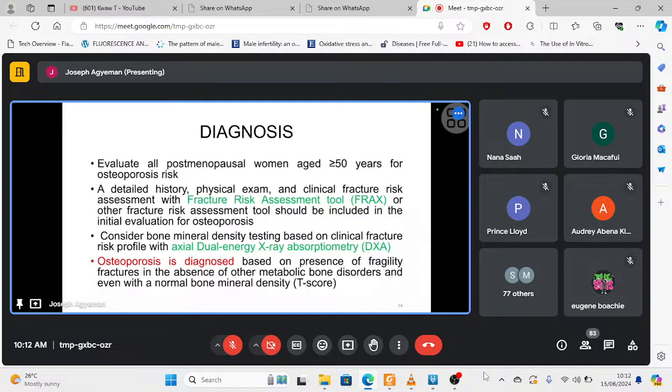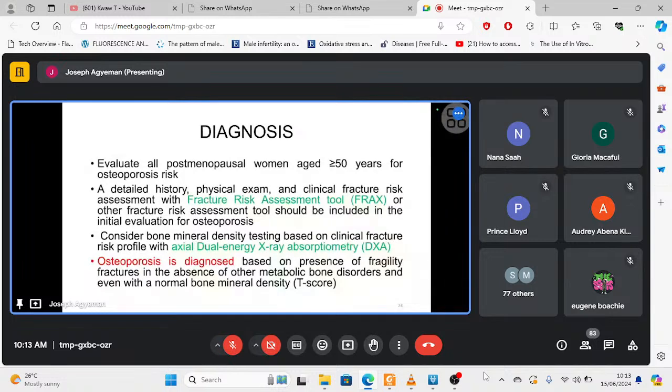Note that with this, history, physical examination, fracture risk, and dual energy X-ray absorptiometry, osteoporosis will be diagnosed if there is a presence of fractures, even in the absence of other metabolic bone disorders. Metabolic bone disorders include rickets, you can have osteomalacia, you can have whatever.